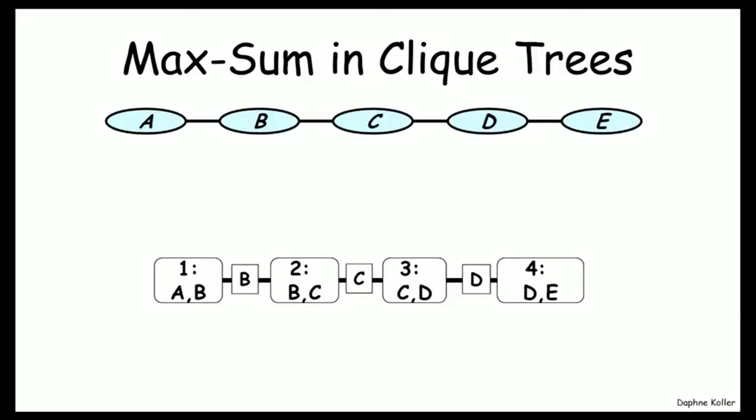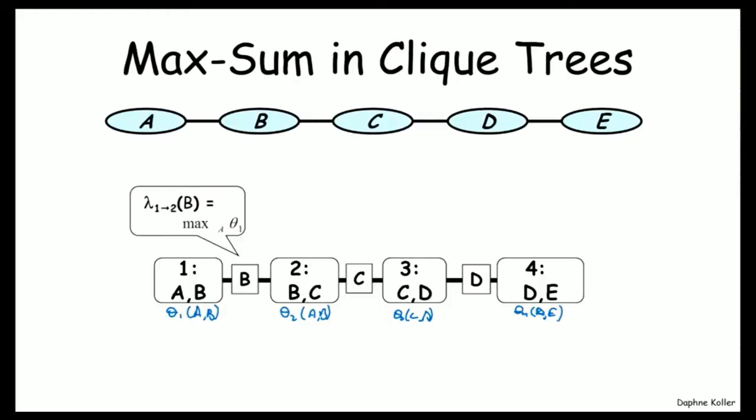So here we're going to use the exact same clique tree, and we have cliques over AB, BC, CD, and DE, and we're going to, as usual, assign the potentials to the appropriate cliques using the family preservation property. And now let's go ahead and see how messages are passed in this clique tree architecture.